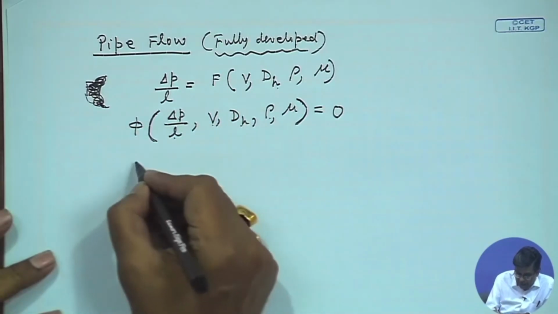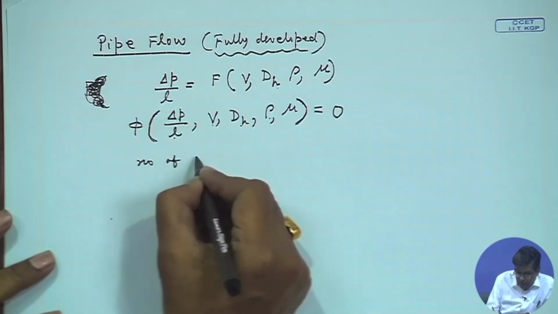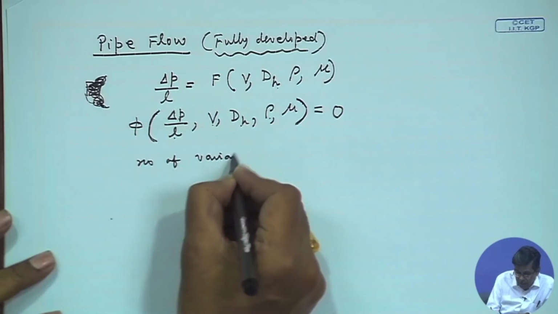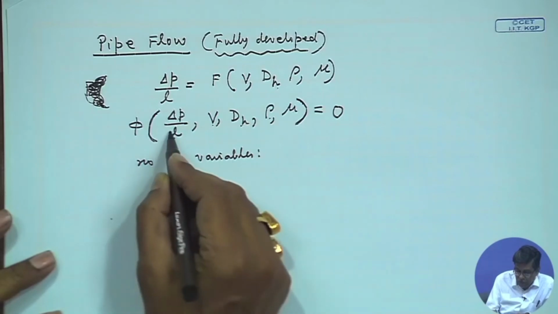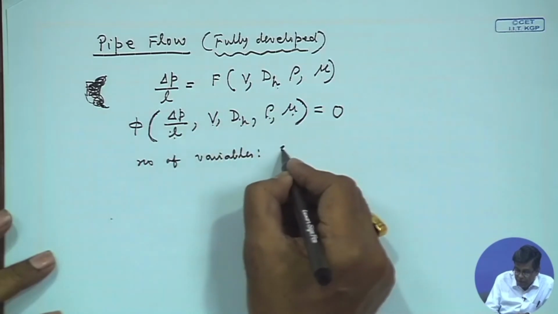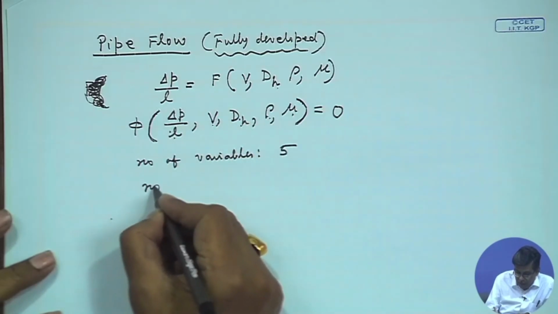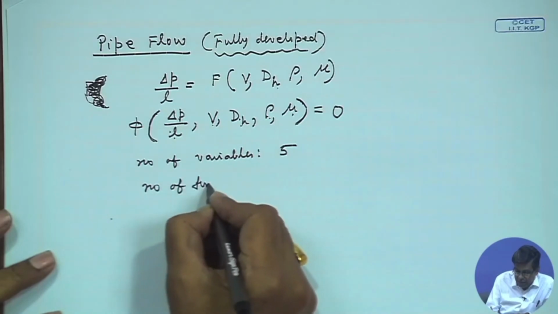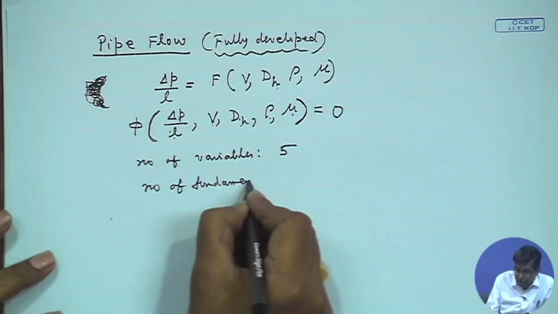Here the number of variables are 1, 2, 3, 4, 5.